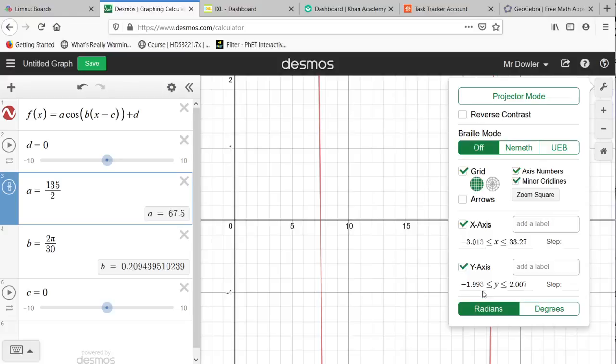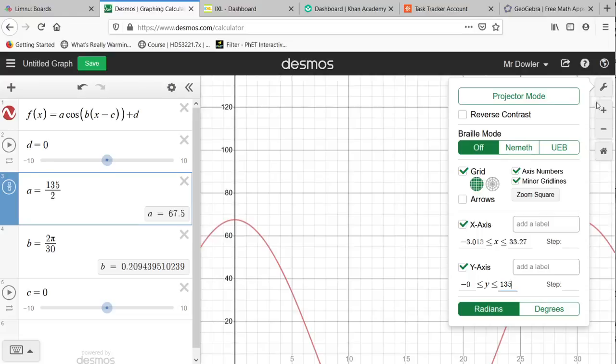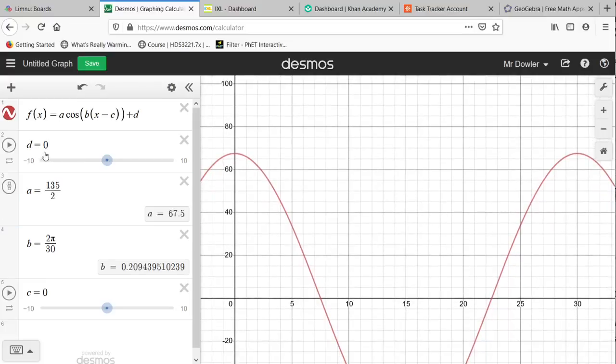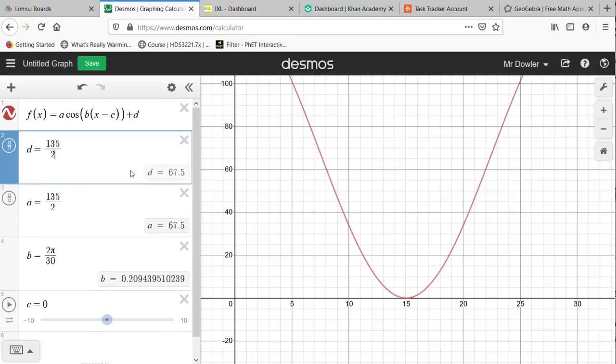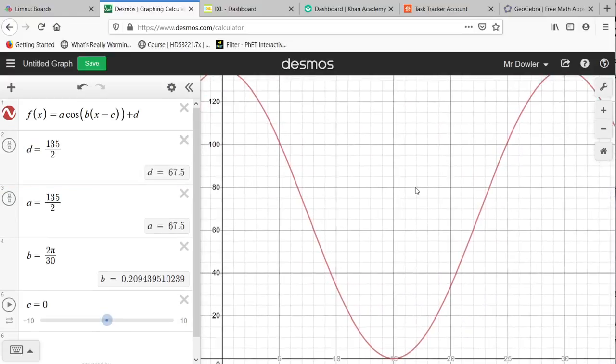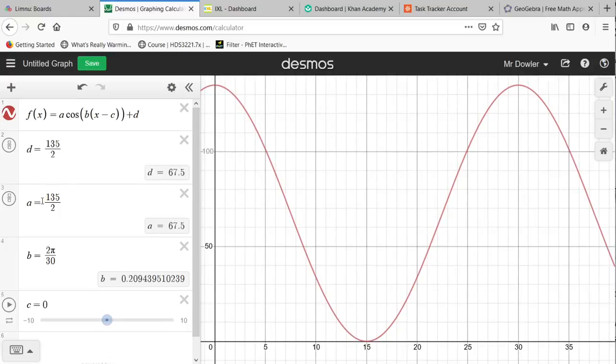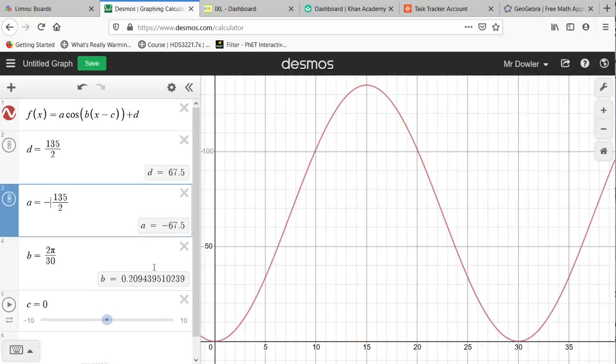So that is going to give us a y-axis going from 0 to 135. With a midline that's also 135 over 2. Sorry, zoom out a little bit. And because we want to start at the bottom, we add that negative. So here we go. Now we can finish the problem.